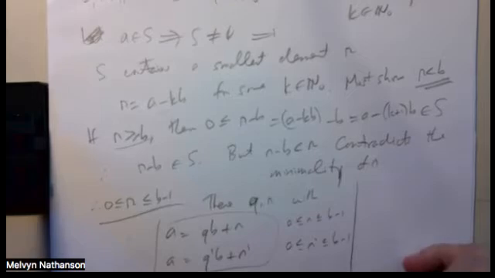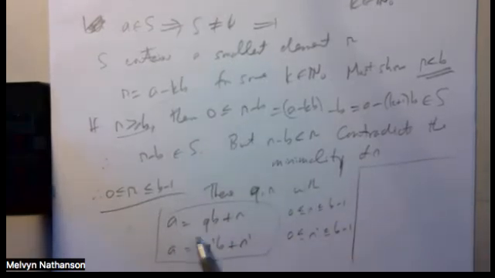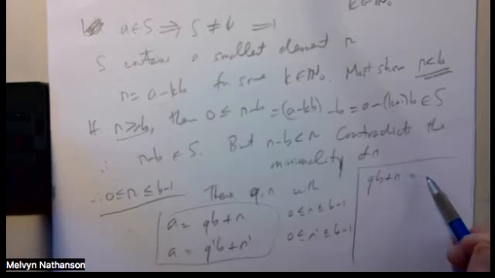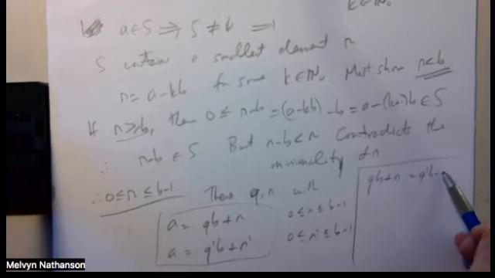So now we do some elementary arithmetic. If A can be QB plus R and also is Q prime B plus R prime, this equals this. QB plus R equals Q prime B plus R prime.